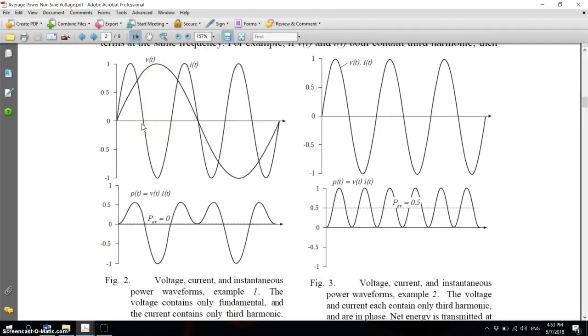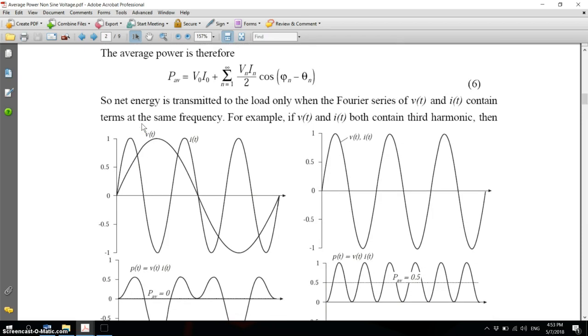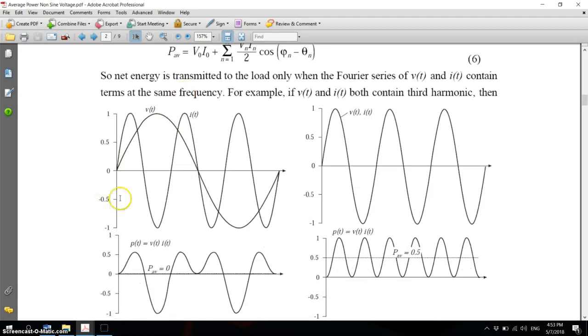If you refer to this equation, there are no similar voltage and current harmonics at the same frequency. So that's why there is no average power delivered to the load.